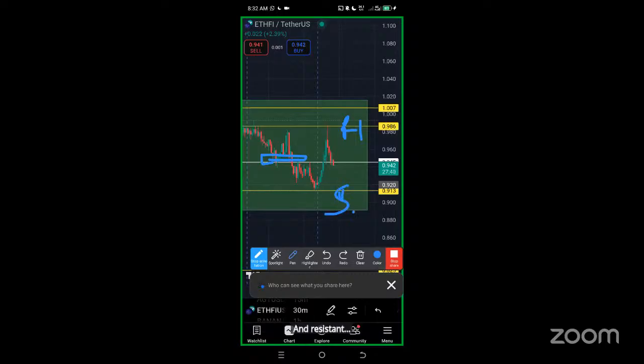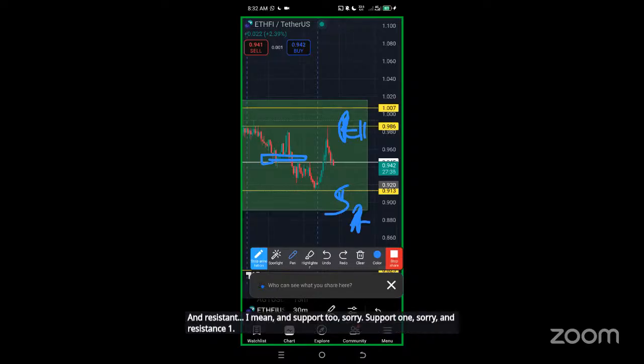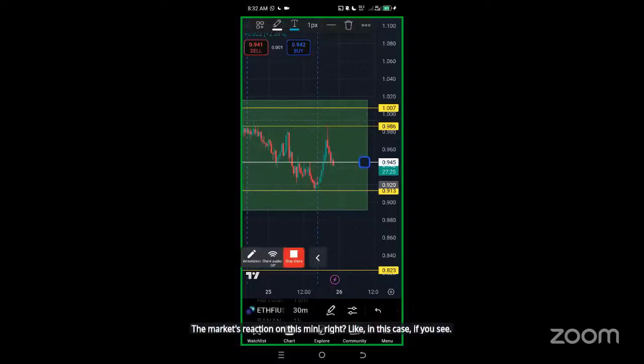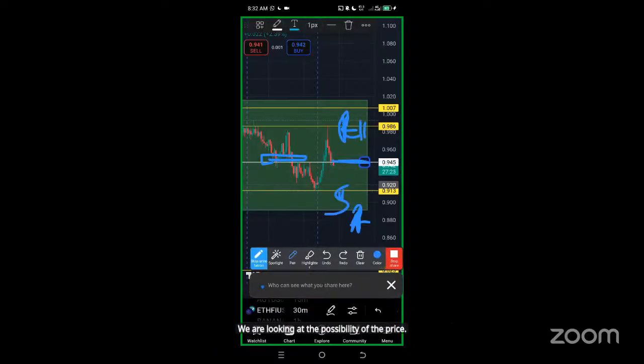Support 1, sorry, and resistance 1. It's a mini. So meaning making entry decisions will entirely depend on the market's reaction on this mini price reaction. Like in this case, we are looking at the possibility of the price moving past it as it heads towards S1.